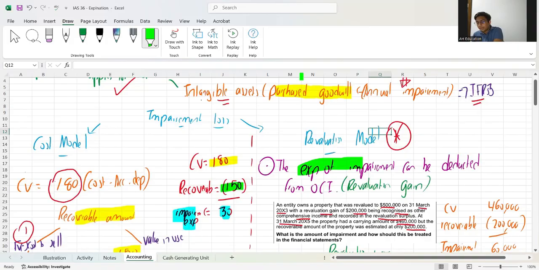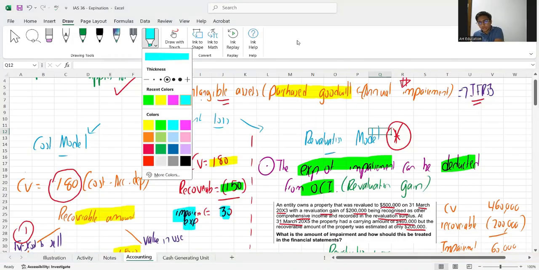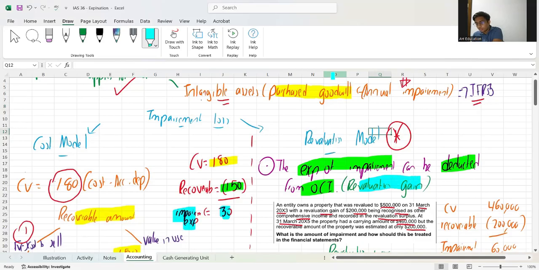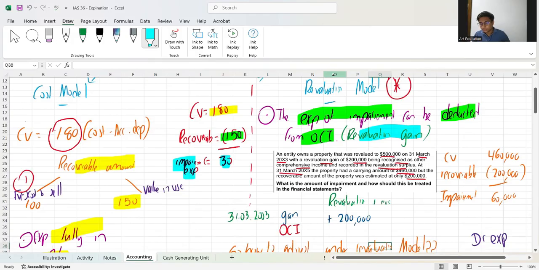The impairment expense, rather than being directly taken to your profit or loss as an expense, you can deduct it from your other comprehensive income, or in other terms, you can deduct it from your revaluation gains. Don't worry, since this concept is a bit new, let us build it bit by bit by referring to this question.